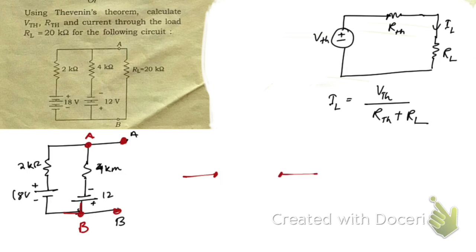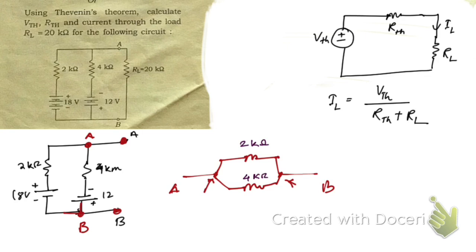Suppose A, B, this is a parallel combination. These are the two points here. Hope you have understood this. Now this is 2 kilo ohm, and this is 4 kilo ohm.